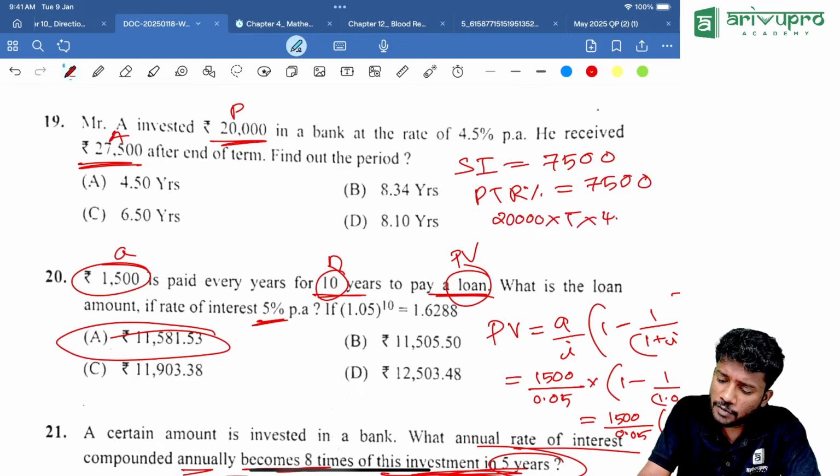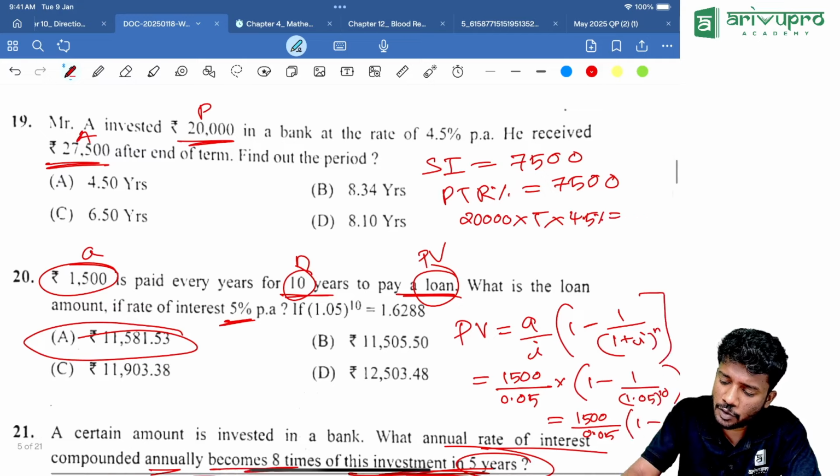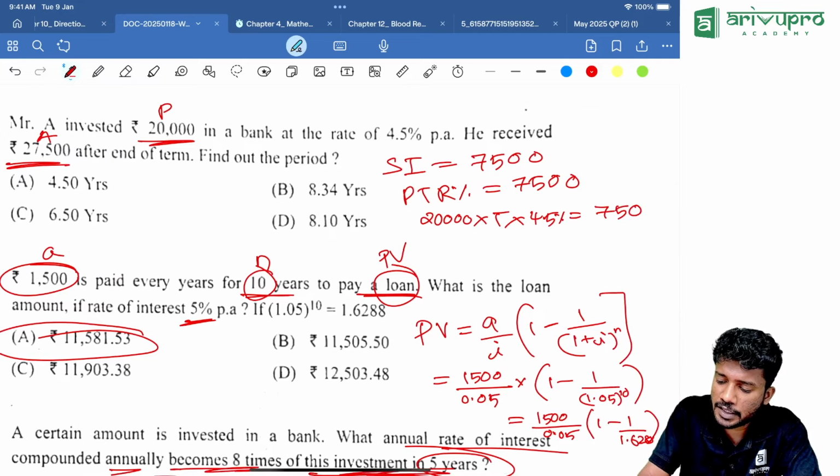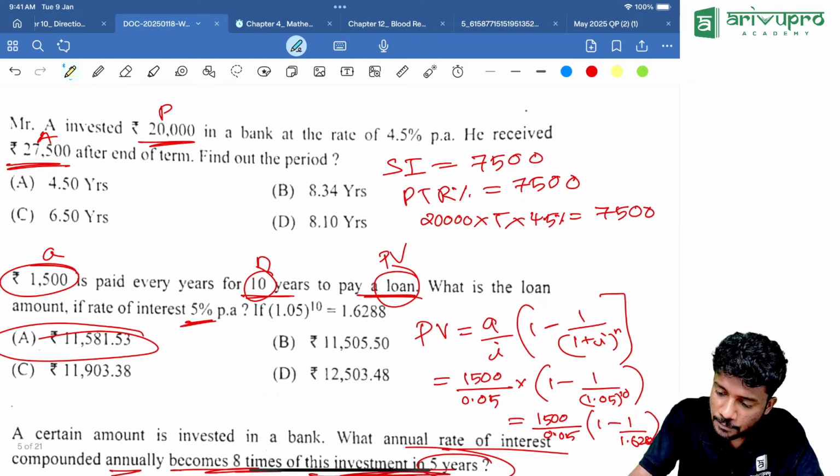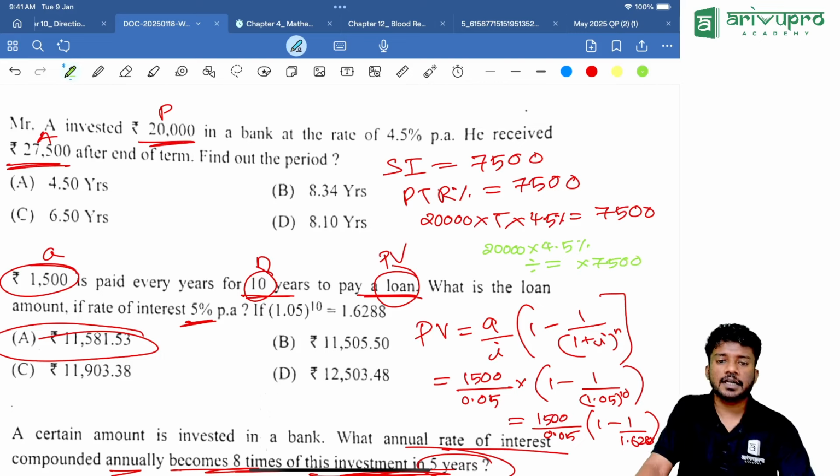R is 4.5%, which is equal to 7,500. So on calculator, what will you type? Type 20,000 into 4.5, then click percentage, then click divide equal to, multiply it with 7,500. How much you got?